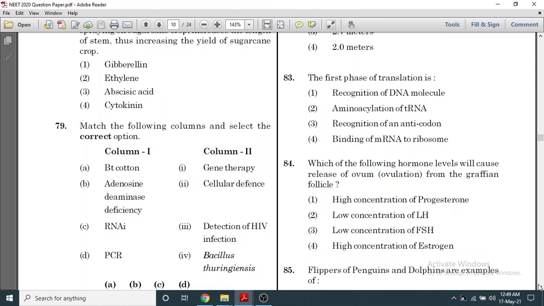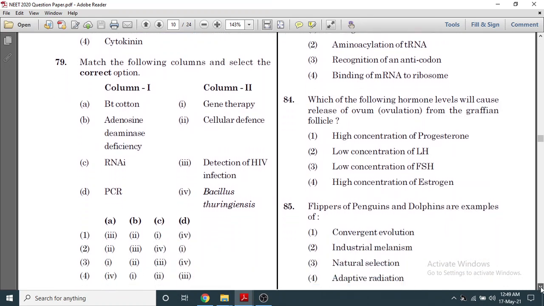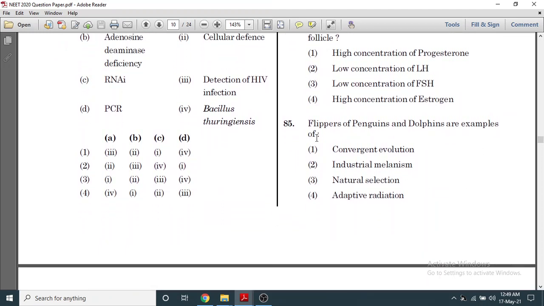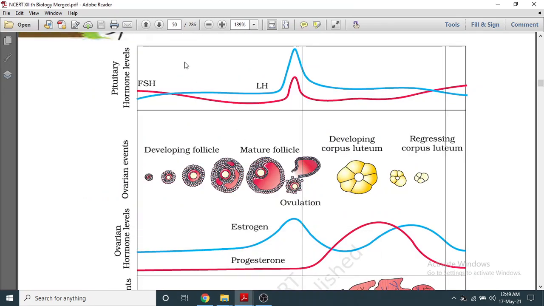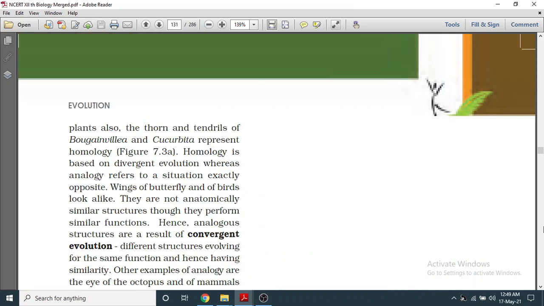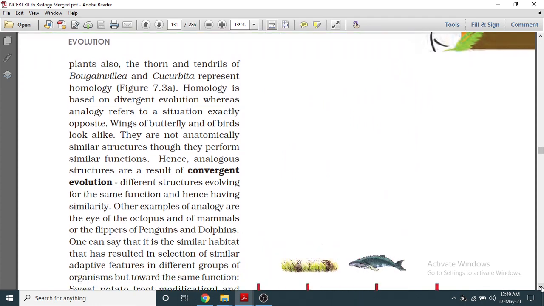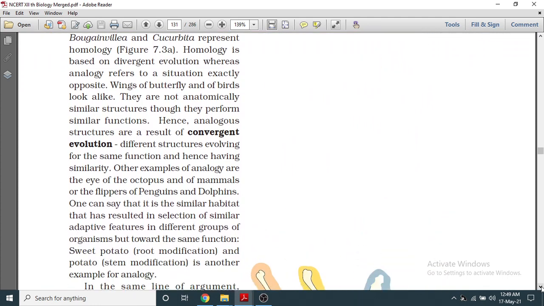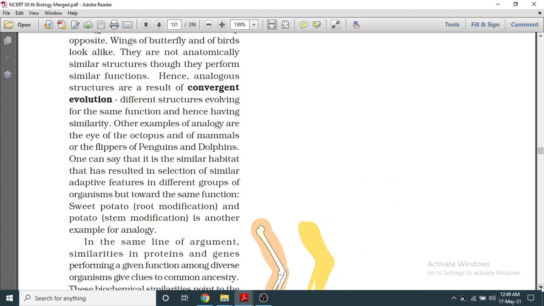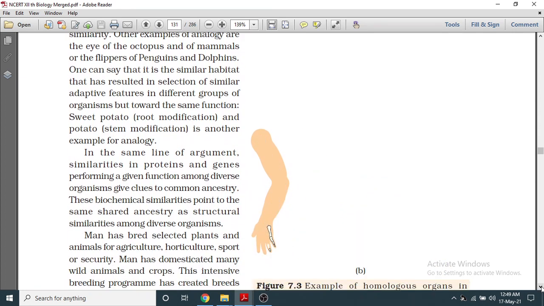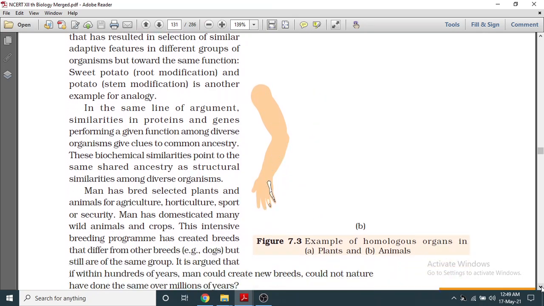Now move on to question number 85. Flippers of penguins and dolphins are examples of. Question number 85 is from page number 131. You will find the exact line in NCERT of class 12th. So we will look at the options.